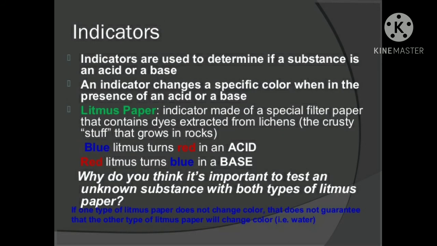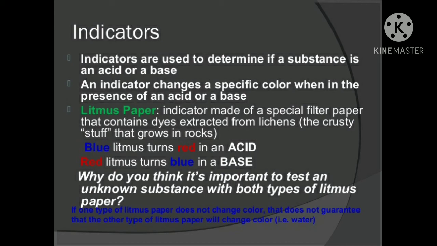Indicators are weak organic compounds, acids or bases, which change color in accordance with the pH of the solution. Indicators dissociate slightly in solution, producing ions and undissociated molecules.